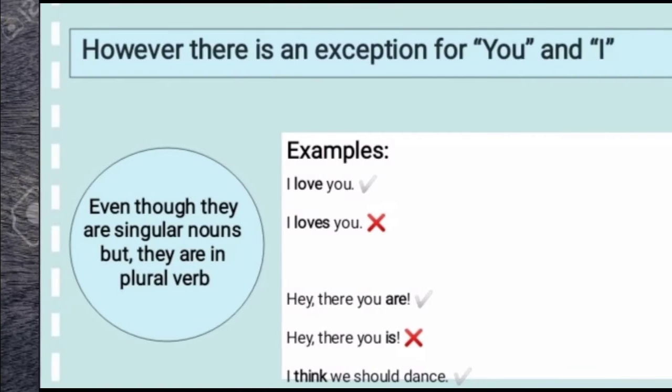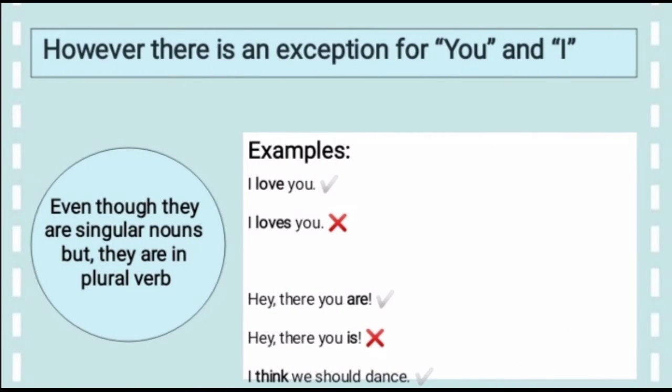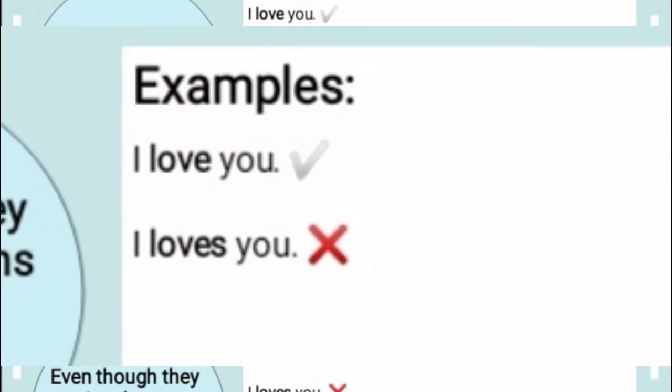However, there is an exception for you and I. Even though they are singular, they are treated as plural verbs. So the letter s will only be added at the noun, not at the verb. Okay, let us take a look at the examples.